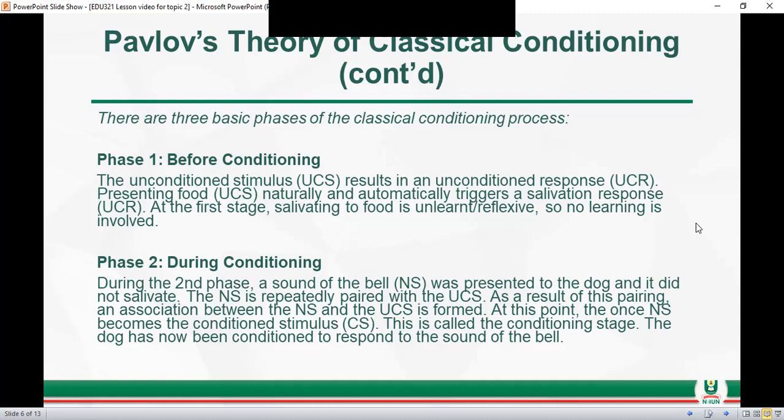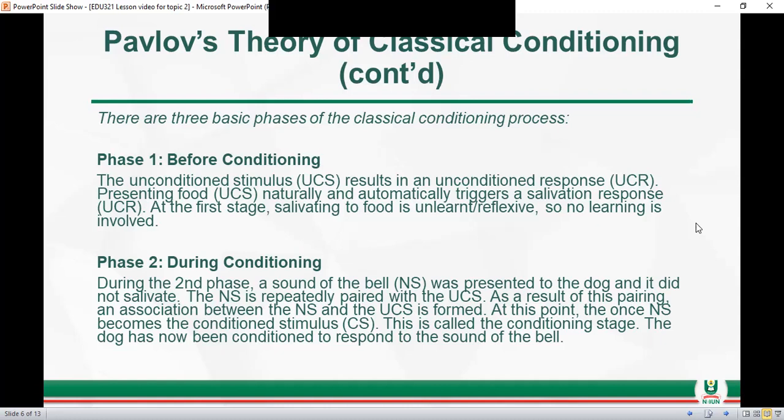So as time went on, the dog started to associate the ringing of the bell with the presentation of the food. At this point, the ringing of the bell becomes the conditioned stimulus. And this stage is what Pavlov referred to as the conditioning stage. This is where the conditioning occurred at phase two.